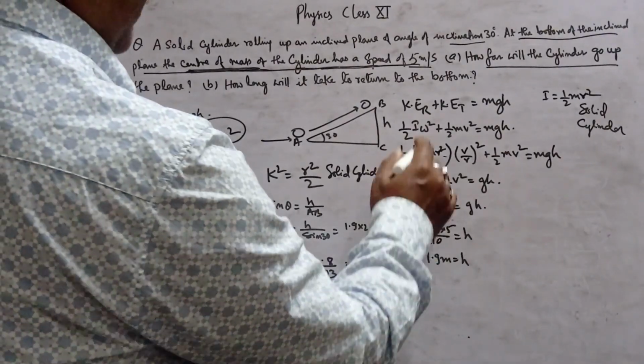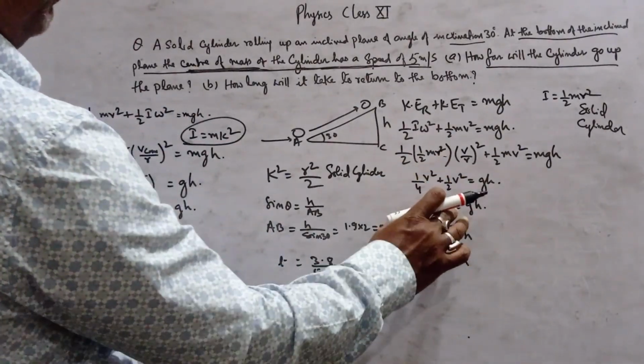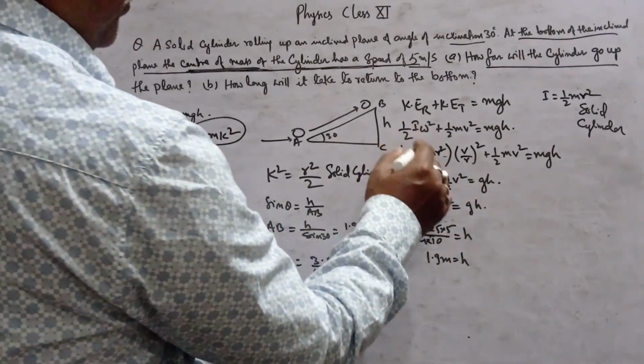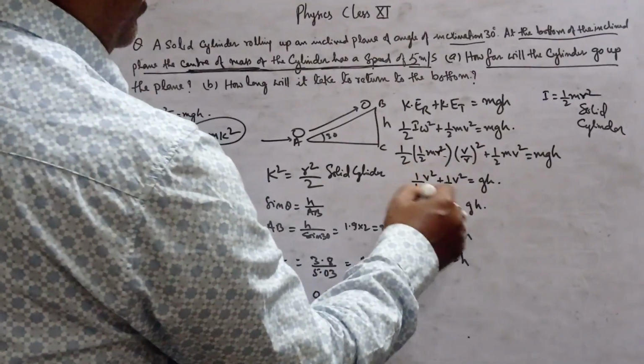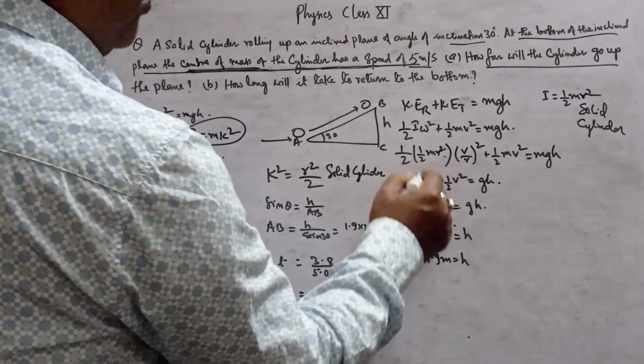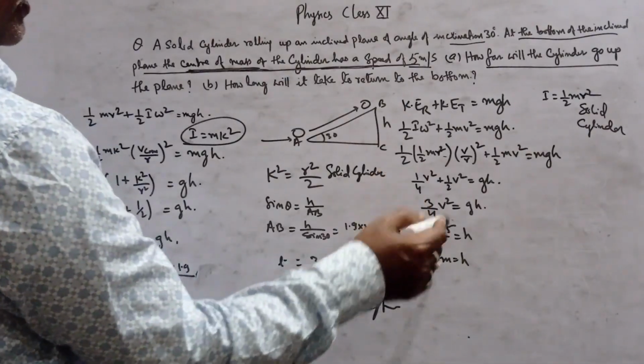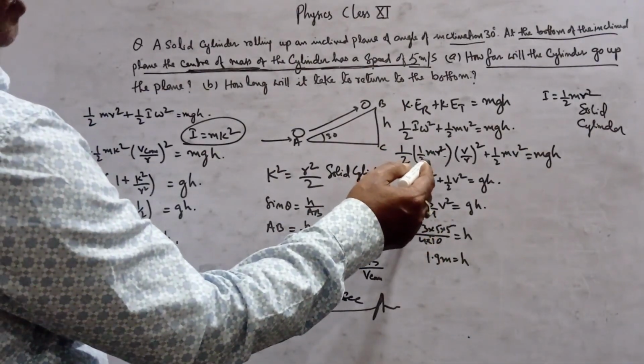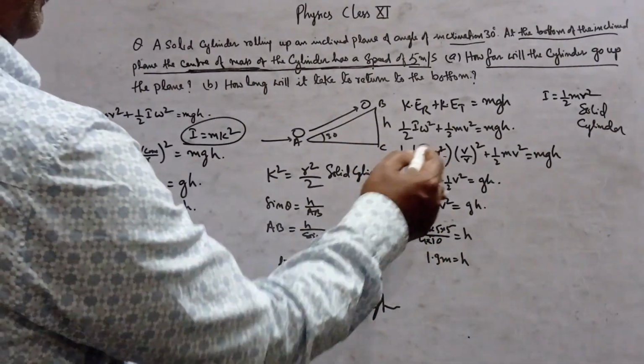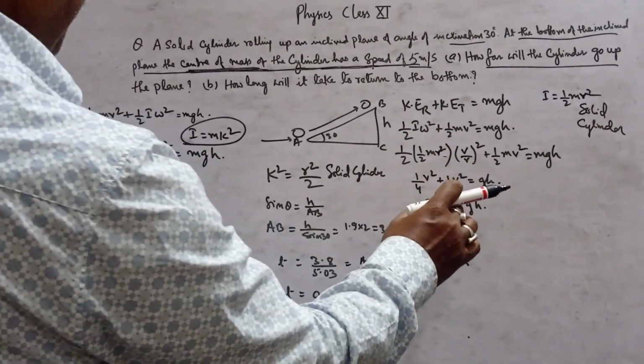Here I have converted everything to v, because v is given to you. So here I take half m r square.